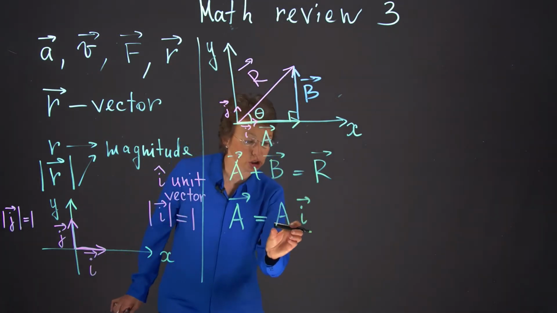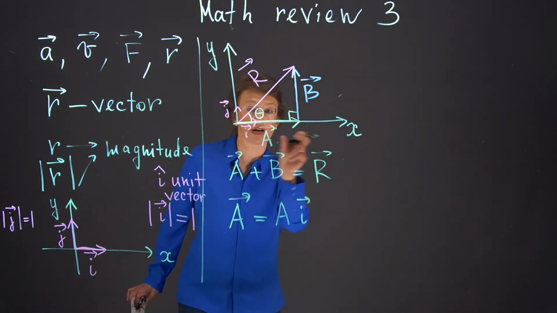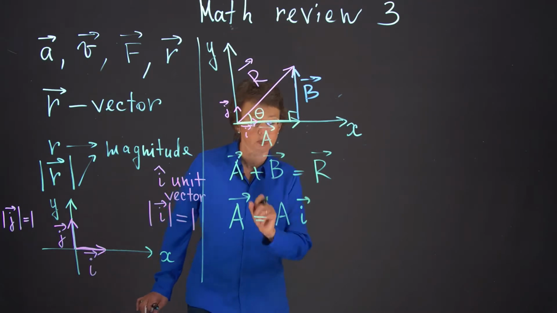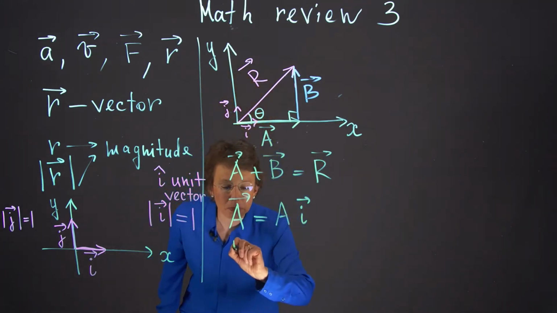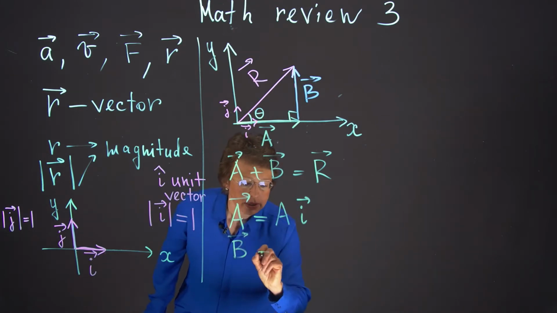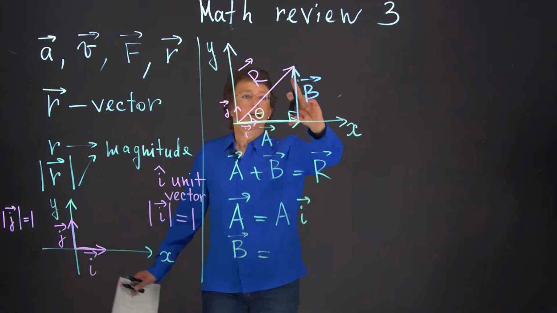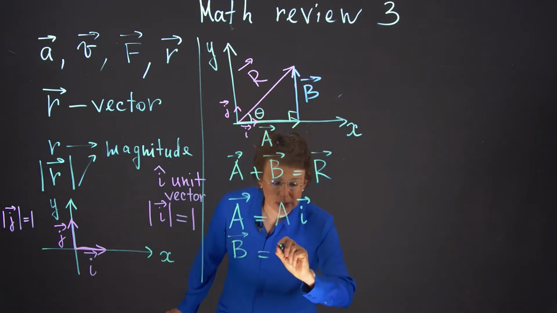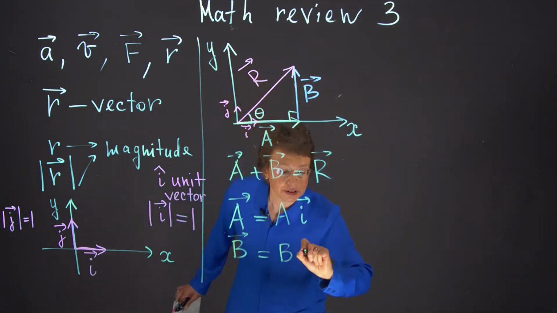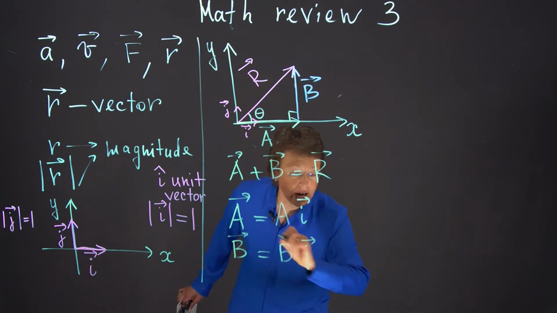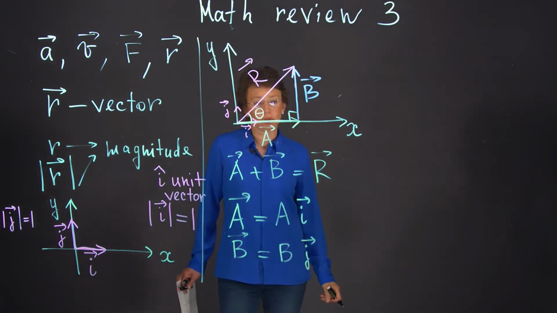So magnitude and the direction, for the direction I use unit vector, it doesn't spoil magnitude because magnitude of i is 1. What about B? Now we write B. Where is B? Here. Magnitude is just B, length. And then direction is along y. I show the direction with my unit vector.